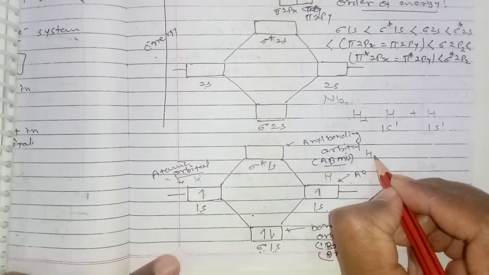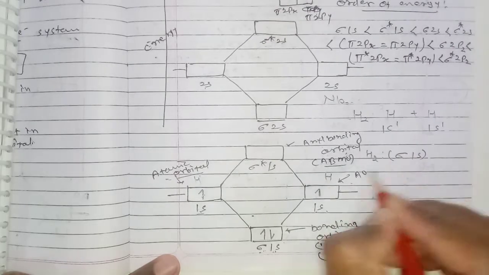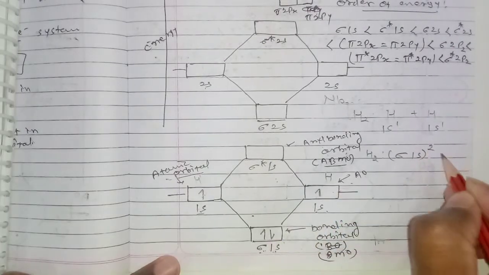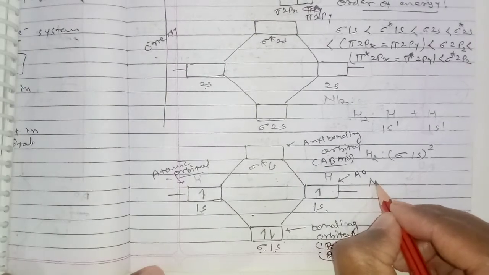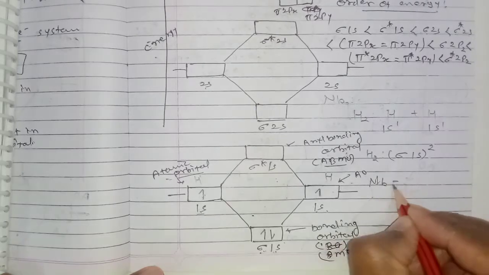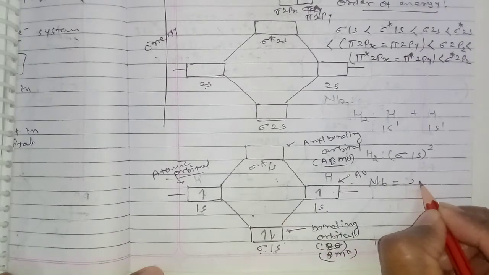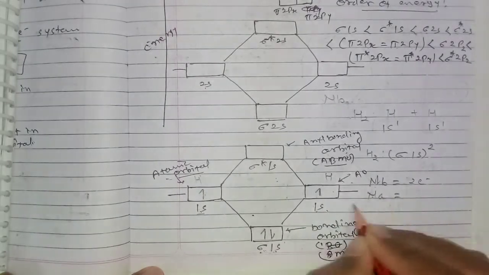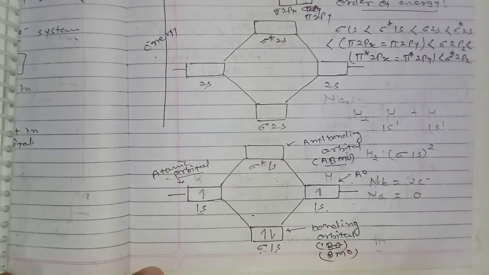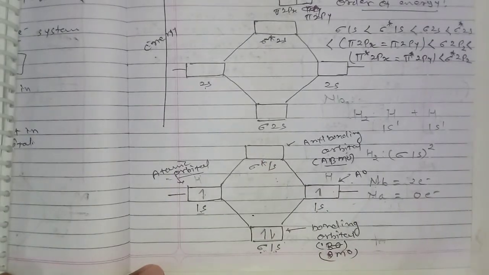For the hydrogen molecule it is sigma 1s2. That means the number of electrons present in the bonding orbitals is 2 only, and the number of electrons present in the antibonding orbitals, Na, is 0, because there is no electron there.